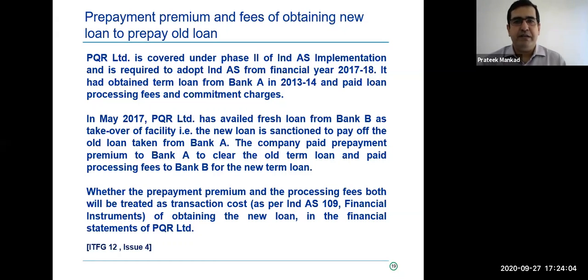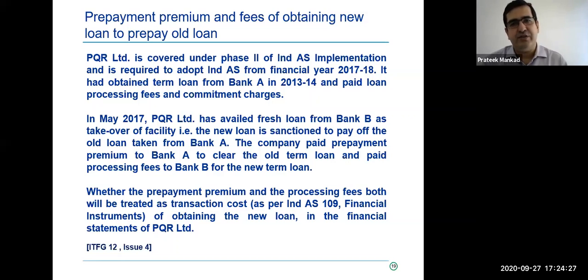With respect to the prepayment penalty, that prepayment penalty is a consideration to cancel or repay the old loan. As it was rightly identified, it's a separate transaction. It would have been paid even if it was repaid out of own funds. So there is specific guidance on what you do when you pay a fee to extinguish the debt.